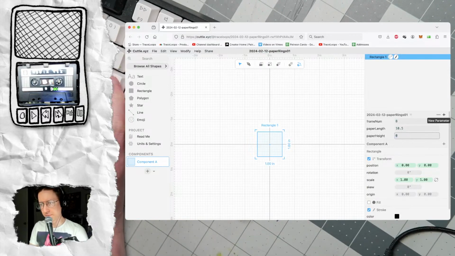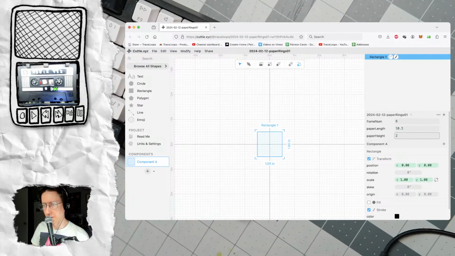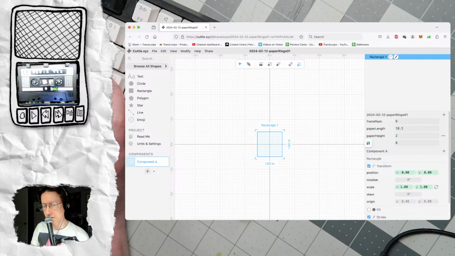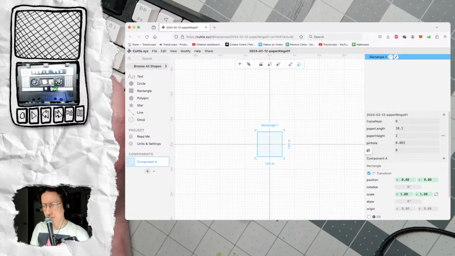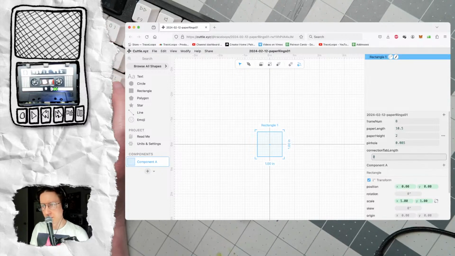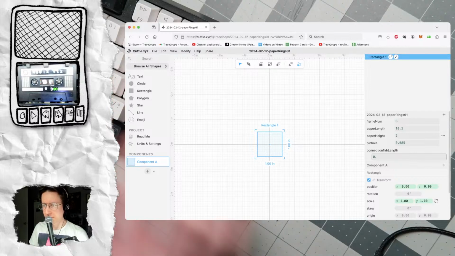I'll make it 2 inches, and I might change that with time. Now I will need a pinhole, which is going to be 0.085. Connection tab length is going to be 0.25.